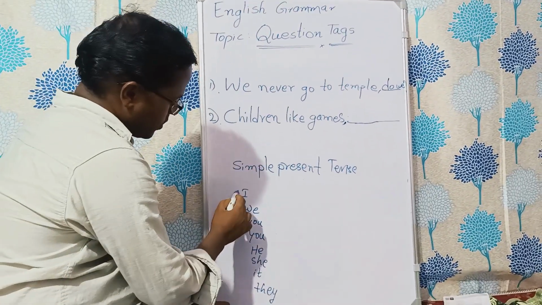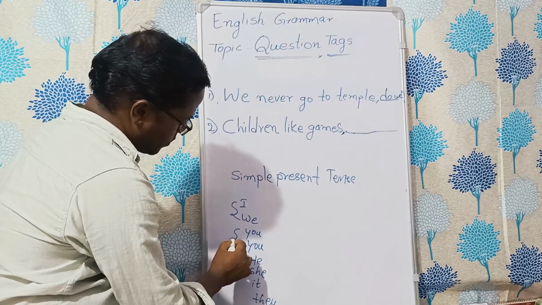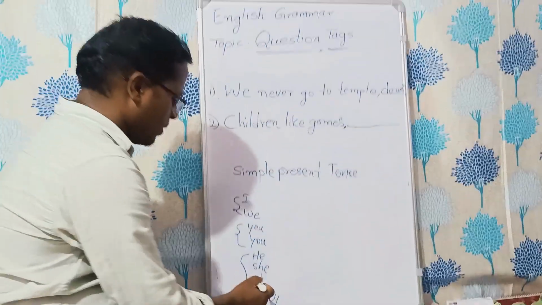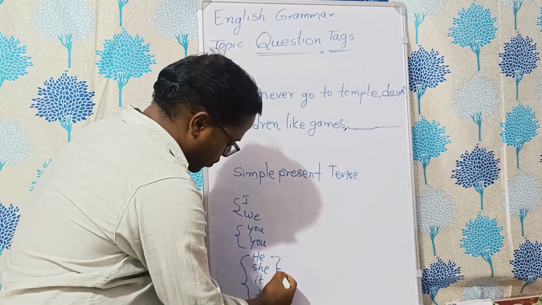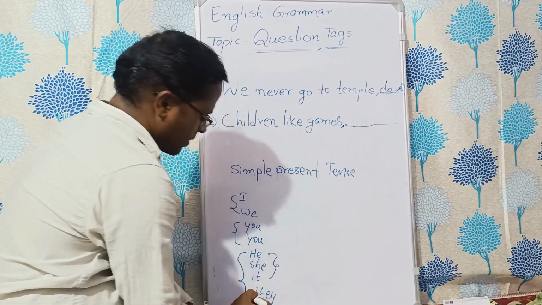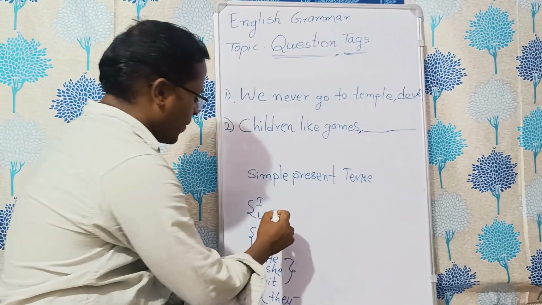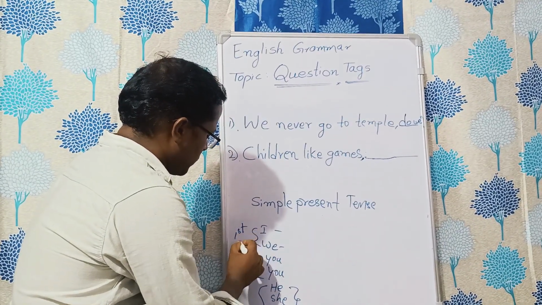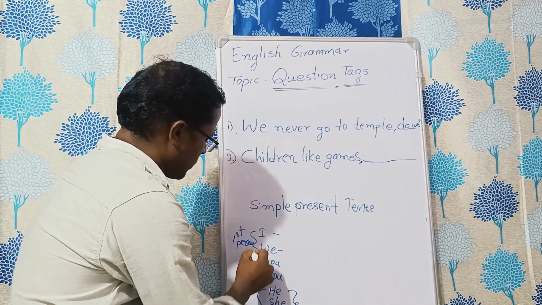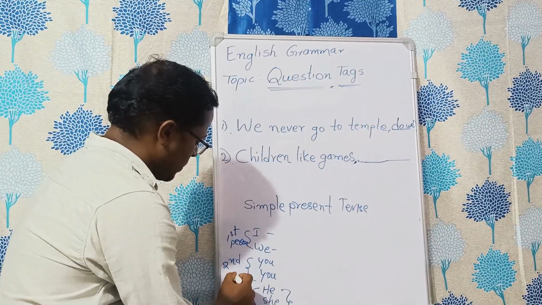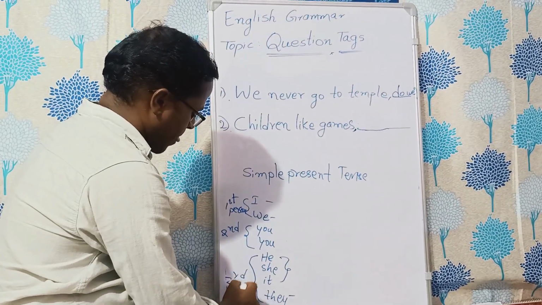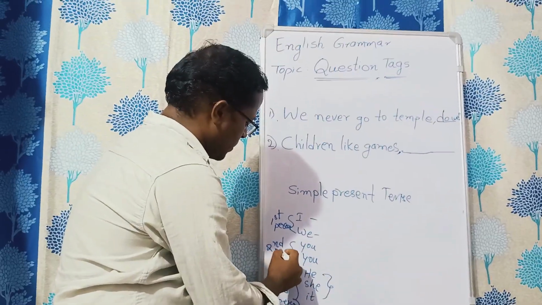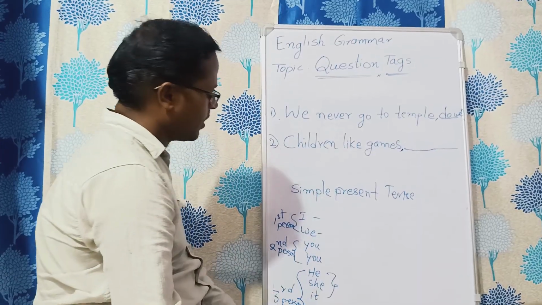Here these two are first person, these two are second person, and these are third person. In the third person these three are singular and this one is plural. First person, second person, third person: these persons are very important, and then you can understand.